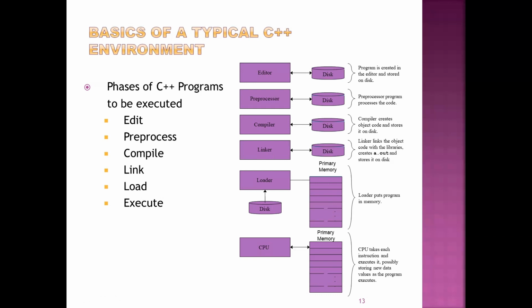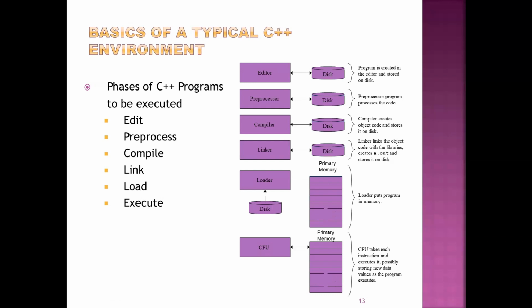In phase 4, linking, C++ programs typically contain references to the functions and data defined elsewhere, such as in the standard libraries or in the private libraries of a group of programmers working on a particular project.